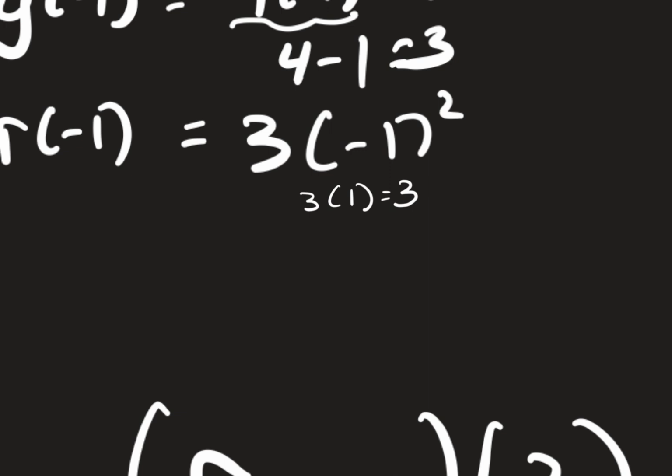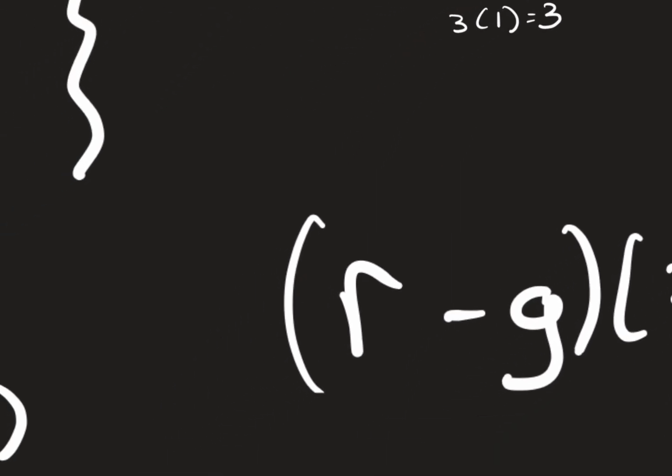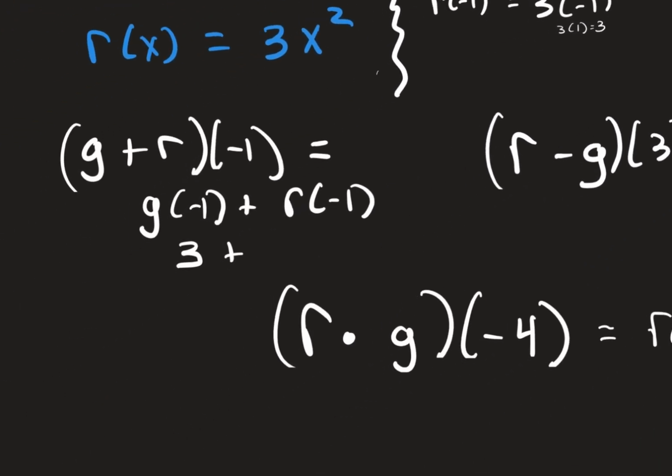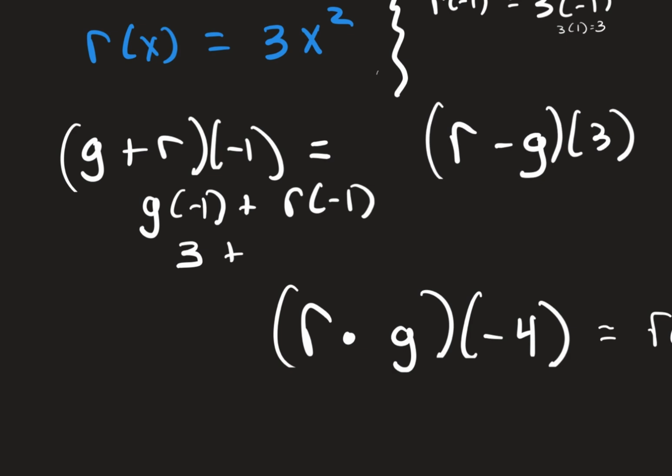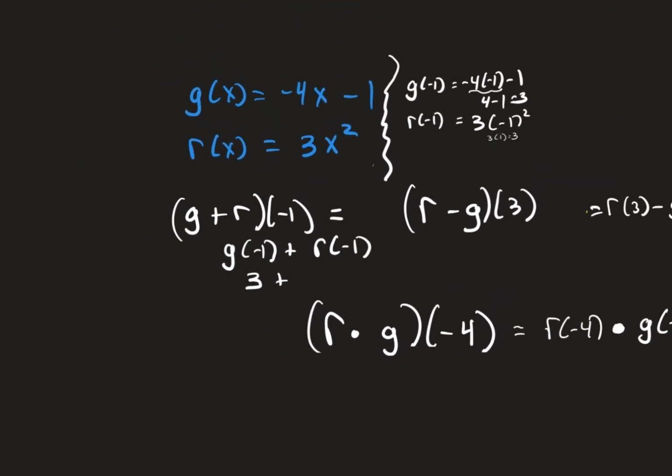Okay, it's a common error. So now we know that this is going to be 3 plus 3, which is 6. So there's the solution for the first one.